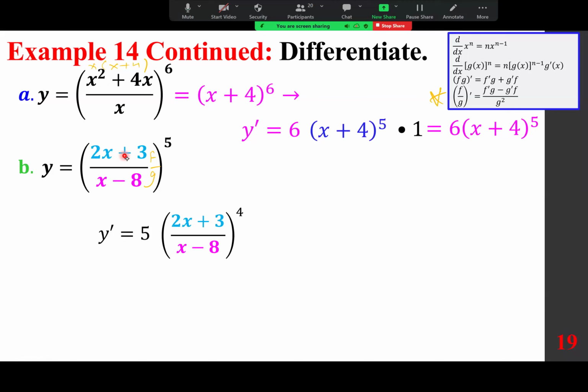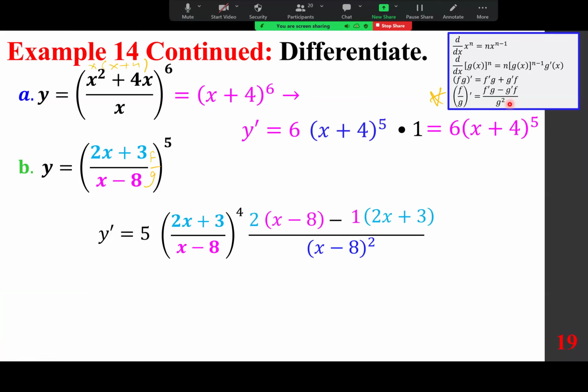F prime 2 times G, x minus 8, minus G prime 1 times F, 2x plus 3, and then G, x minus 8, in a parenthesis squared.